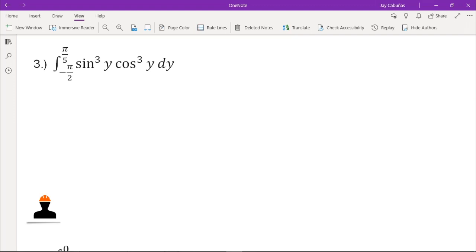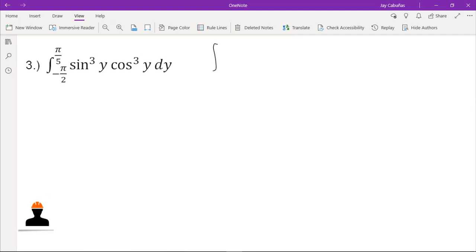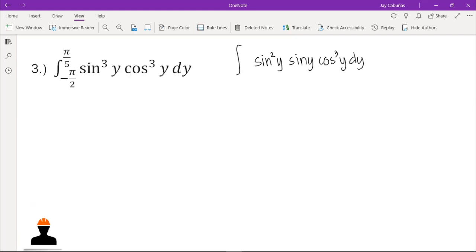So in this case, the same as with the previous problem, sine cube y, we can expand that into two terms. That is, we can have sine squared y, then we have sine y, then we have cosine cube y dy.